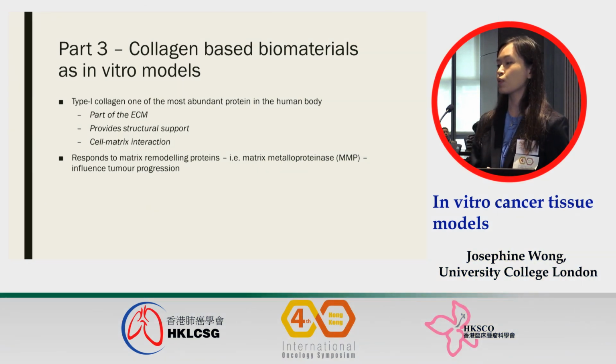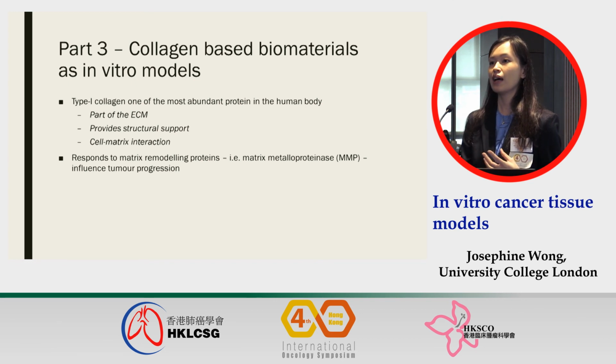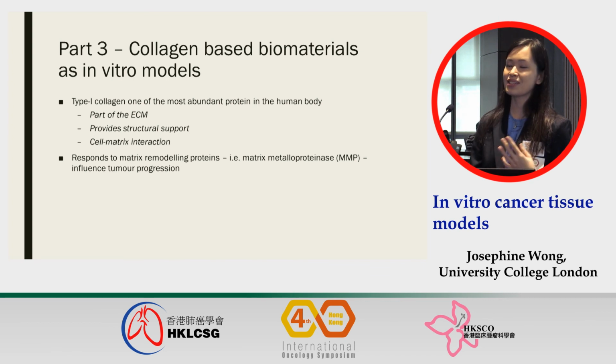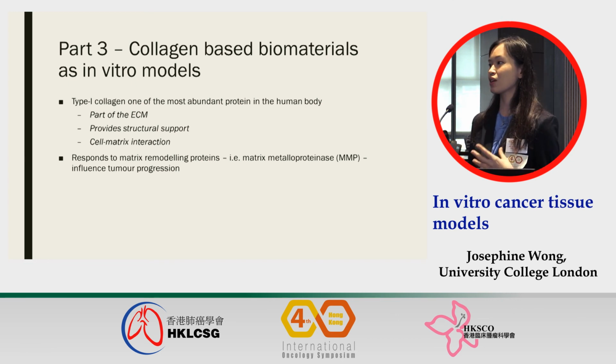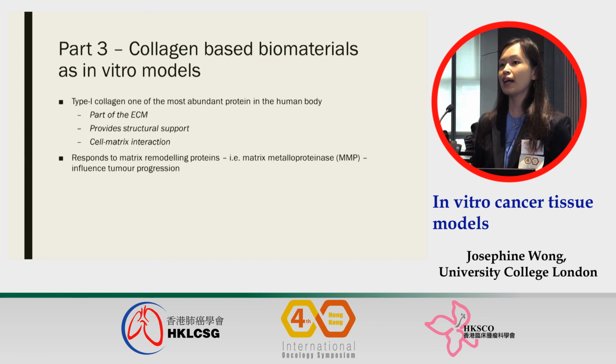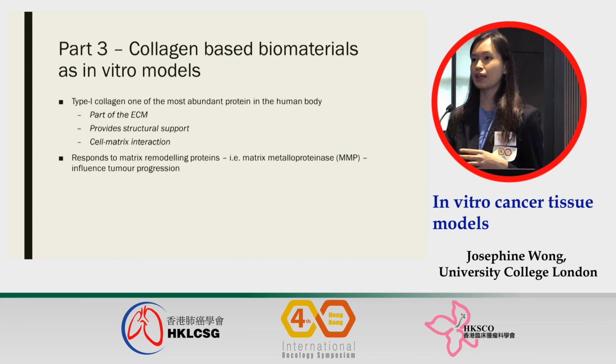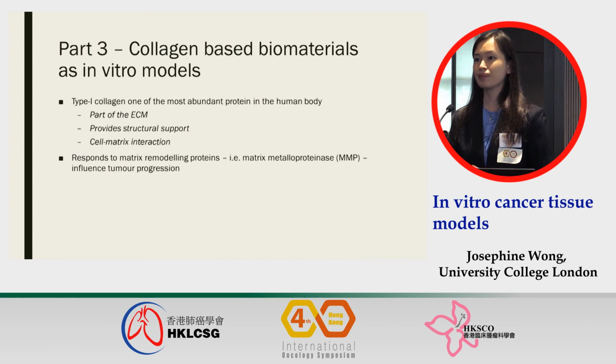Collagen is quite interesting as well to study because the cancer matrix around the tumor also contains collagen proteins, and this enables the remodeling of the matrix to be modeled by using a collagen scaffold.